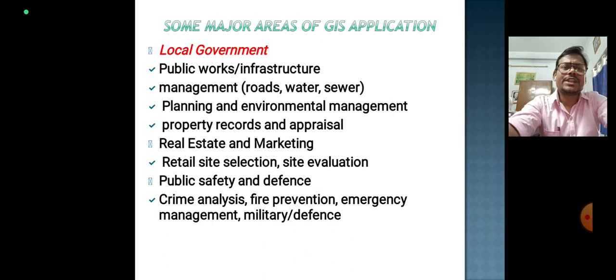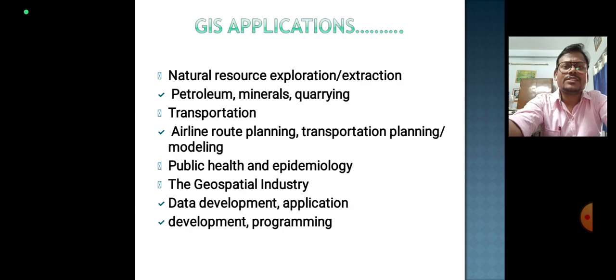Some major areas of GIS applications: local government, public works, infrastructure management like roads, water, sewer, planning and environmental management, property records and appraisal, real estate and marketing, etc. Natural resource exploration or extraction, petroleum, mineral quarrying, transportation, public health and epidemiology, the geospatial industry, data development, application.